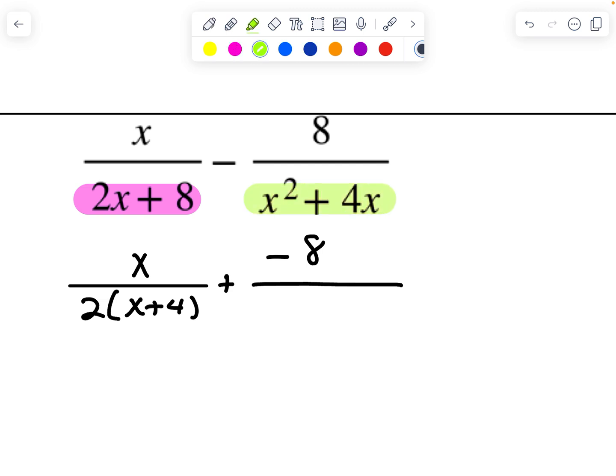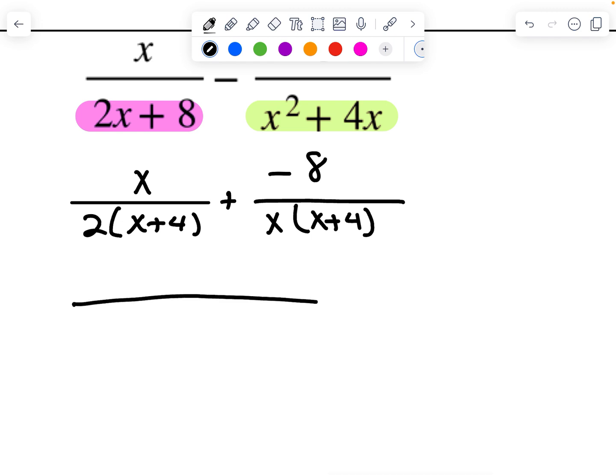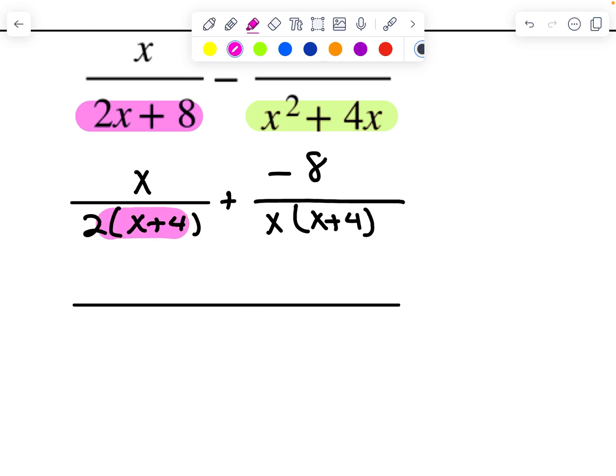He has the greatest common factor of x, which leaves us x plus 4. Our common denominator has to have the x plus 4 in it, has to have the 2 in it, and has to have the x in it. So our common denominator is 2x, x plus 4.